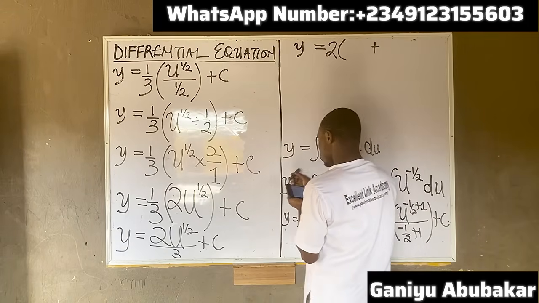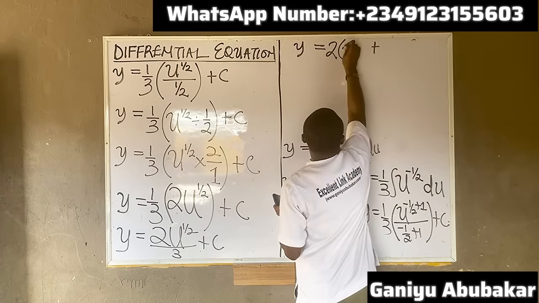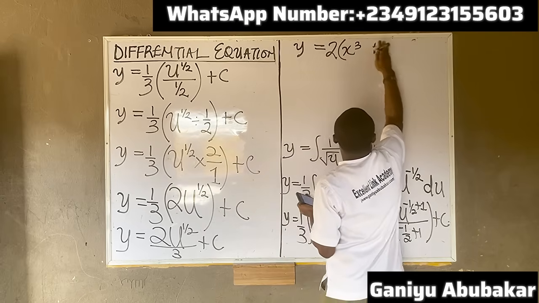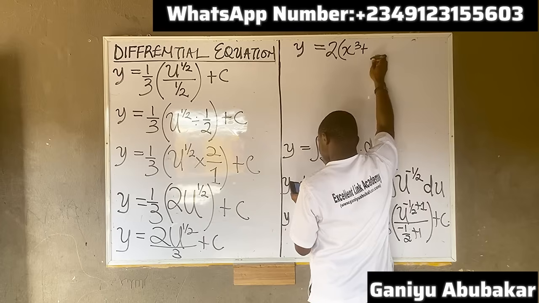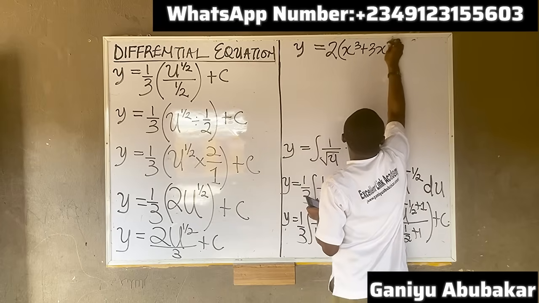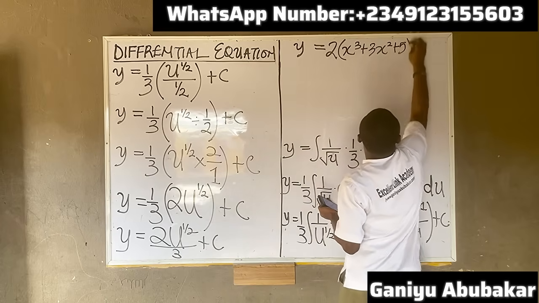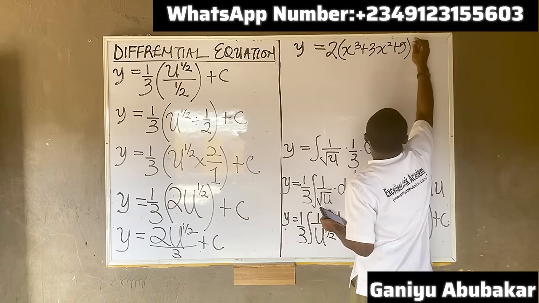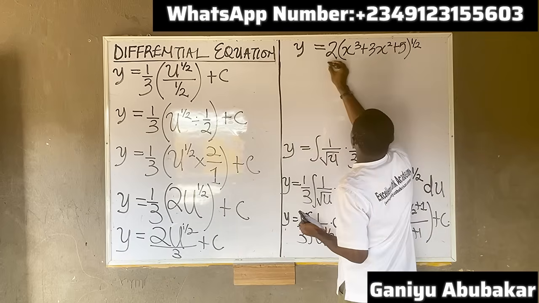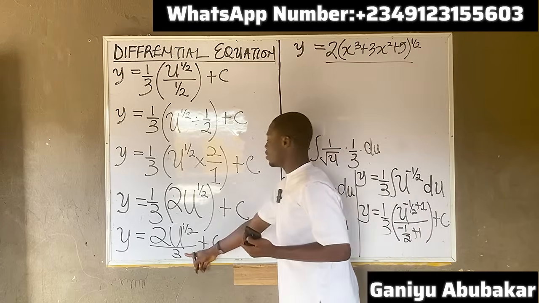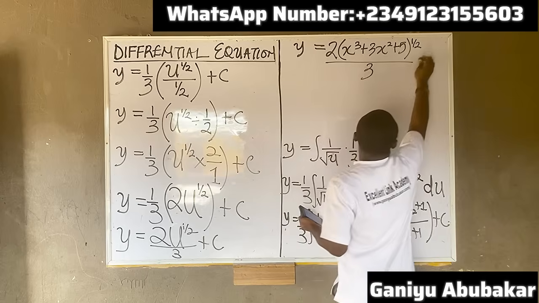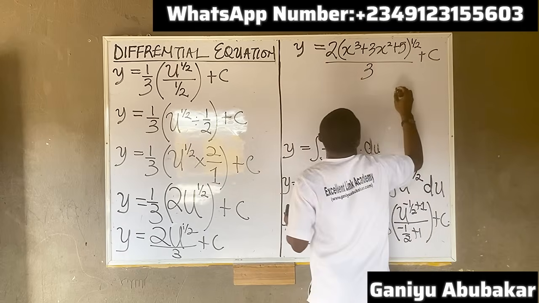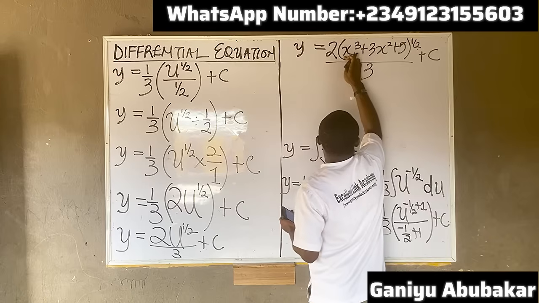We said u is x cubed plus 3x squared plus 5. But I have a half here, 1 over 2. So I'll have 1 over 2, all over 3. Then plus c. 1 over 2 can still be expressed as a square root.